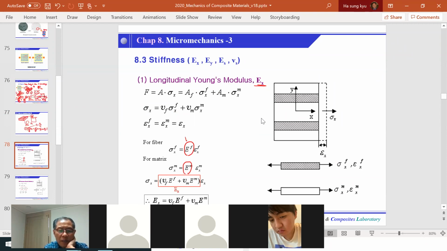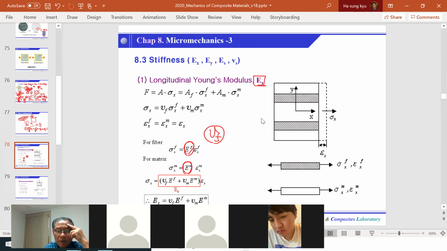So given this EF and given this EM, and of course given VF, these are three given numbers, how can we calculate a composite stiffness in X direction?